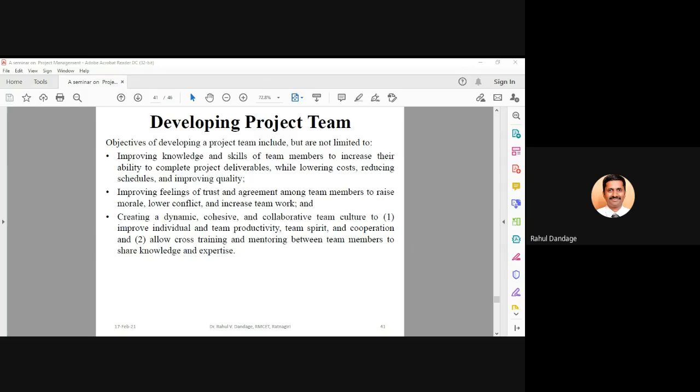But the other department, human resource development, is more focused on how the people who have been recruited and are working can be developed, for new skills, for soft skills, for interpersonal skills, and for improving performance at the individual level as well as at the organization level. So that's why this development of project team should be increased.